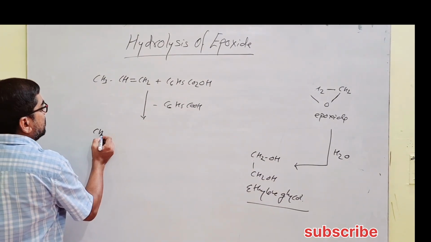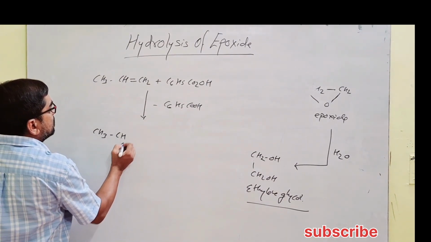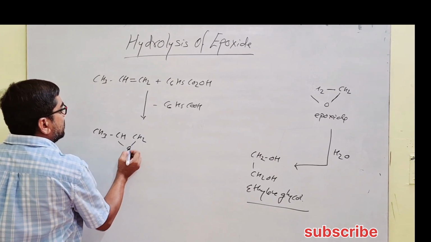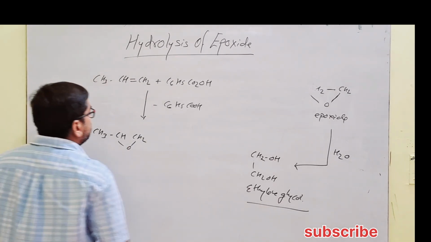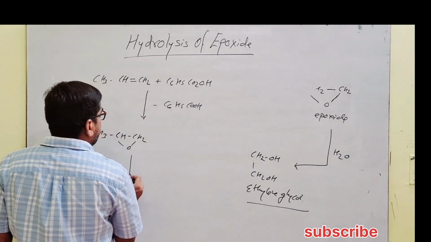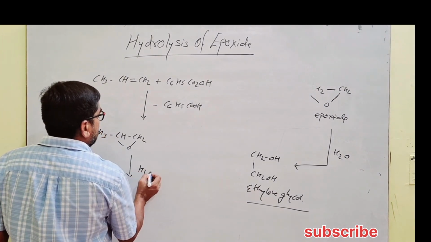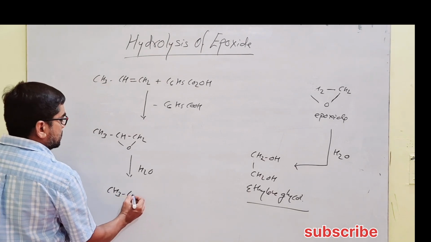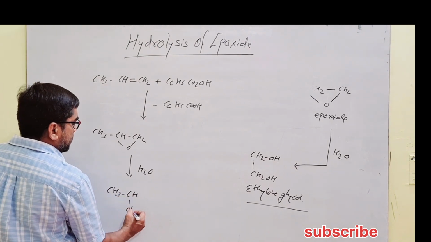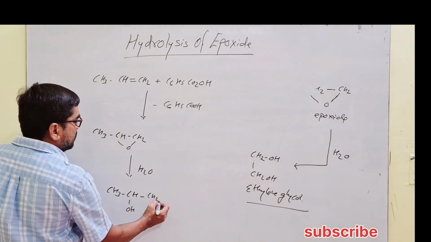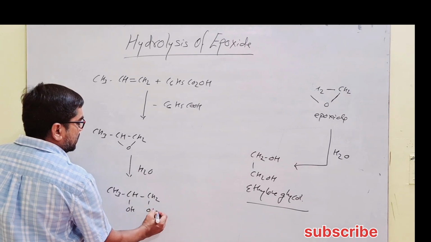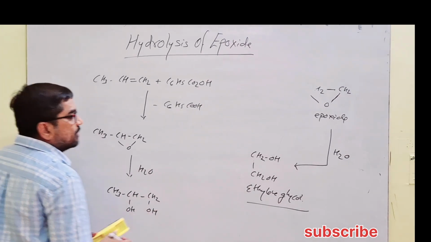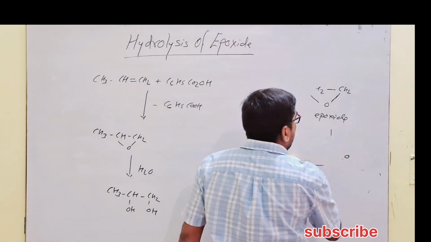Now epoxide is formed, with the epoxy oxygen common to both CH carbons. After hydrolysis with H2O, it gives CH3CHOH-CH2OH. This is propane-1,2-diol, again a glycol is formed.